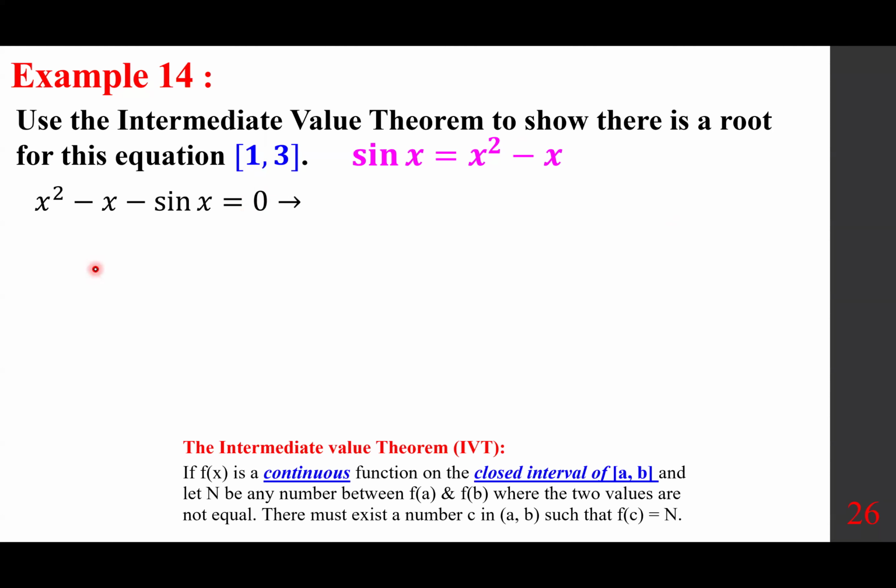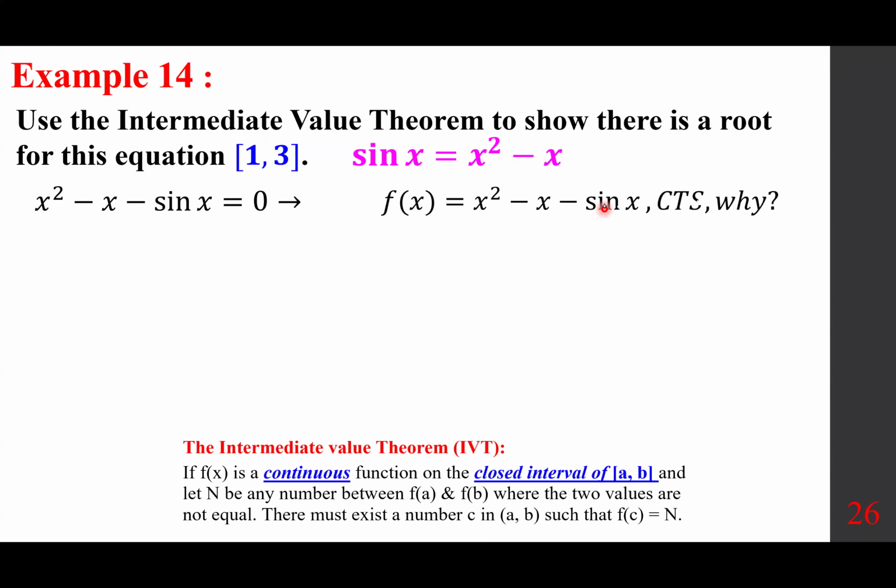So we're going to call this f of x, and f of x is x squared minus x minus sine x, which is a continuous function. The reason it's continuous is because it is a combination of a quadratic function and a sinusoidal function.